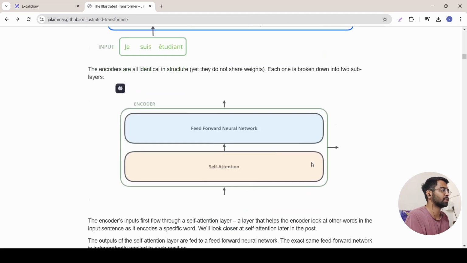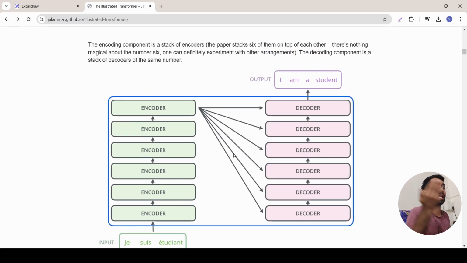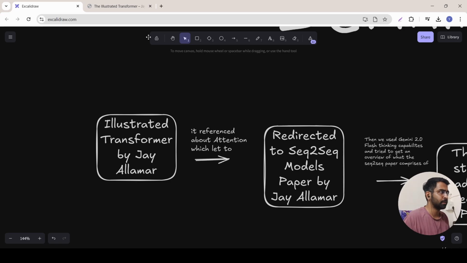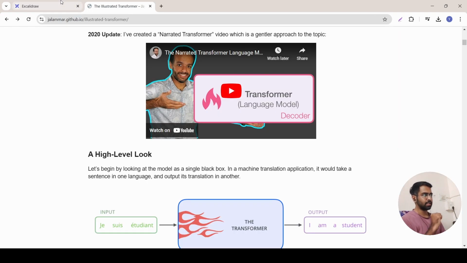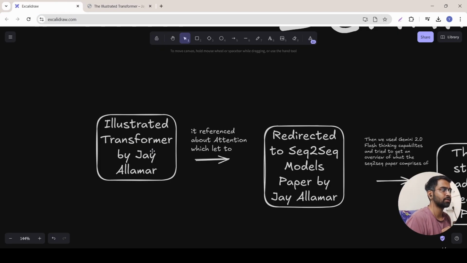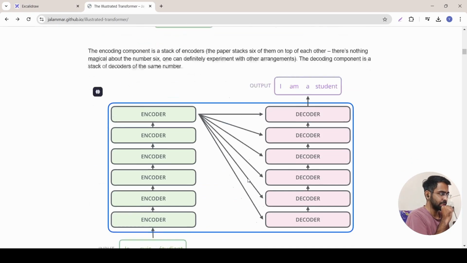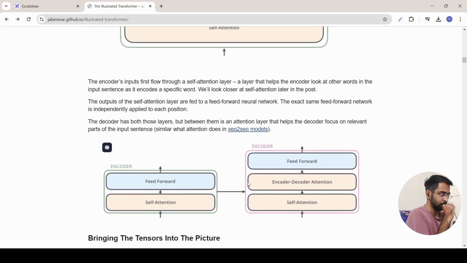Like what is the encoder? What actually happens in the encoder? You won't get an idea. That is why we are diving deep. The Illustrated Transformer by Jay Alammar referred to attention, which redirected us to the attention model, the sequence to sequence model article that he wrote before The Illustrated Transformer.